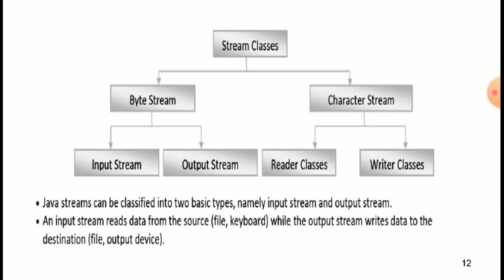So Java streams can be classified into two basic types, namely input stream and output stream. An input stream reads the data from the source, a file or keyboard, while the output stream writes data to the destination, a file and second is an output device.